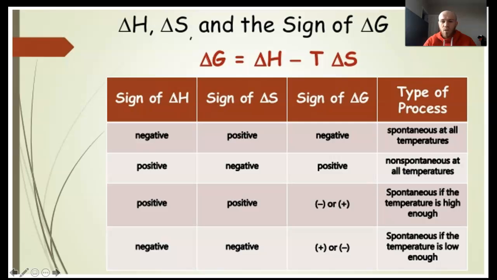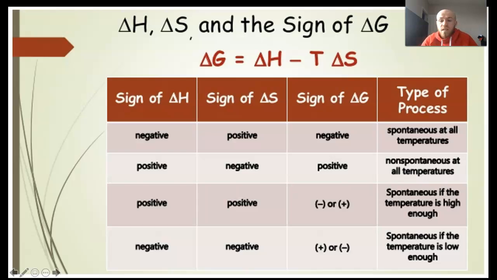Here I have a summary of everything that we've talked about in a chart to help organize your thoughts. And you can also think about the Gibbs free energy equation here. All right. So let's look at the third one down there. Say the change in enthalpy is positive, the change in entropy is positive. We're considering the sign of the change of Gibbs free energy.